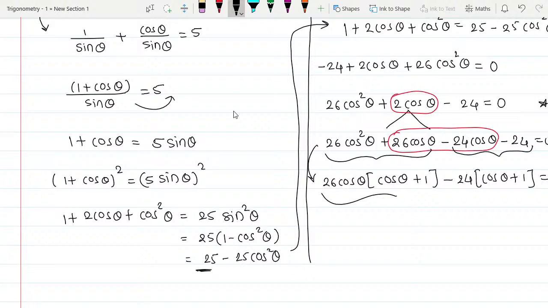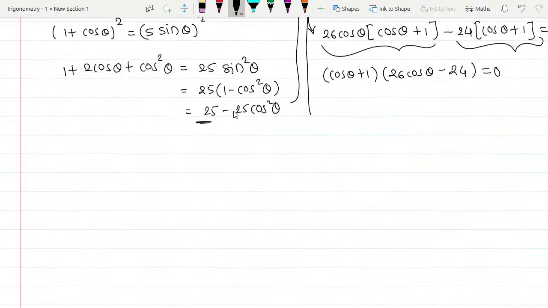Now you have two terms, and in these two terms I have cos theta plus 1 common, so let's take cos theta plus 1 outside. So cos theta plus 1, and what remains in the first term is 26 cos theta, and in the second we have 24, which equals 0.